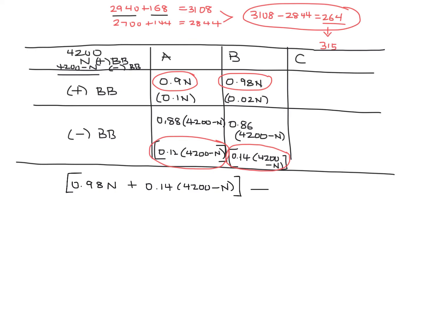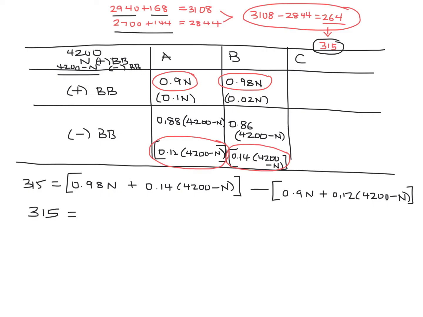And then I've got to subtract from it these guys, which in our case with these N's would be 0.9N plus 0.12 times 4,200 minus N. Okay? And this is what has to equal 315. So this is what we want to equal 315. Okay, so this is not too bad. So let's try to solve this.